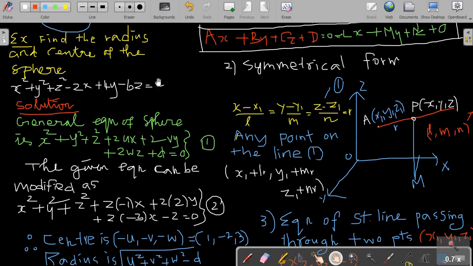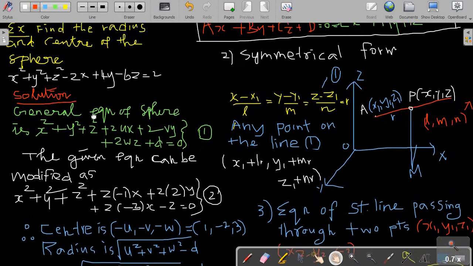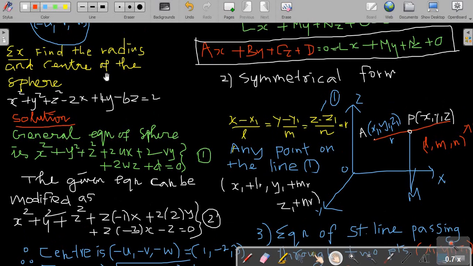So this is the general equation of a sphere, am I correct? This is a particular case given to us. What we have to find is the center and radius of the sphere. Now take this equation.